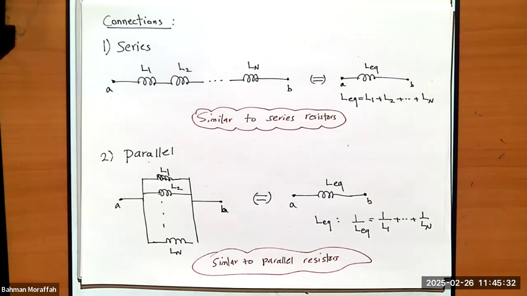So if I have a circuit that has both capacitors and inductors, I cannot combine them. I can combine whatever capacitors I have, I can combine whatever inductors I have, but I cannot combine the capacitors with the inductors. Right? At least not at the moment.